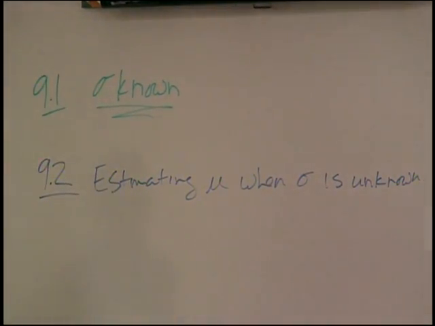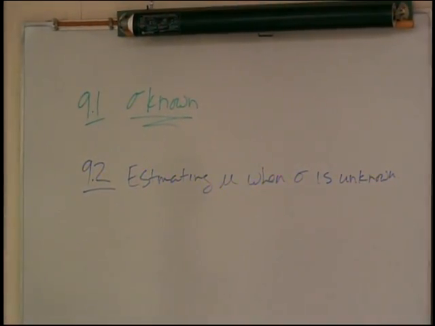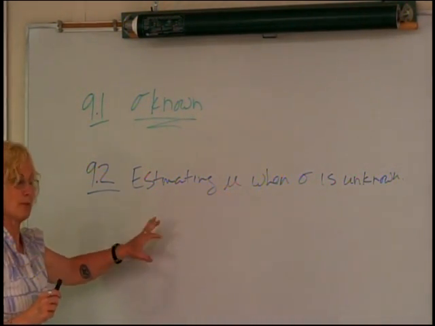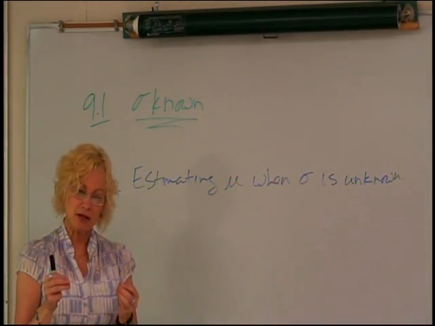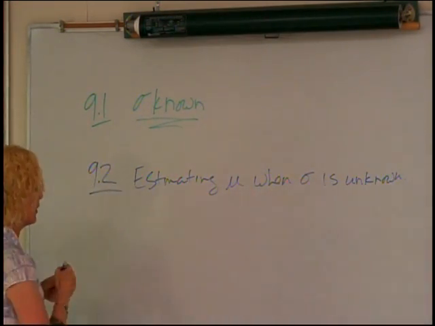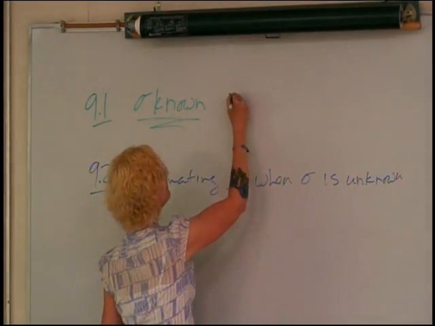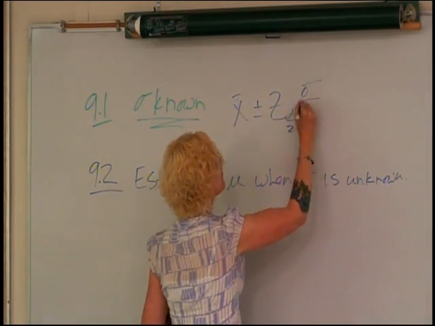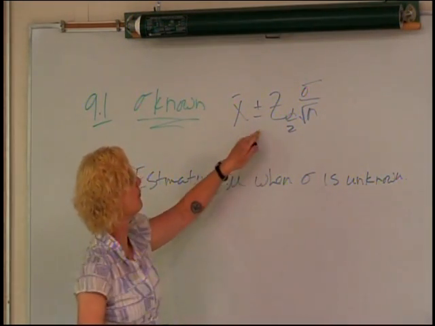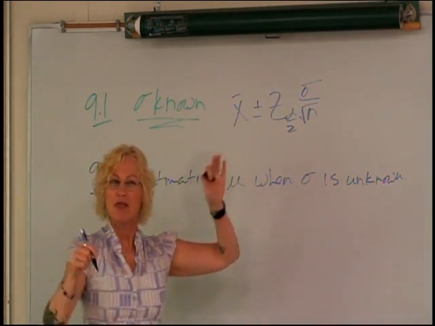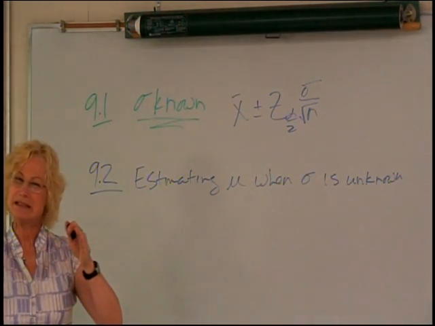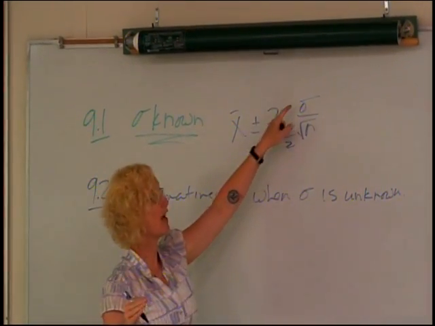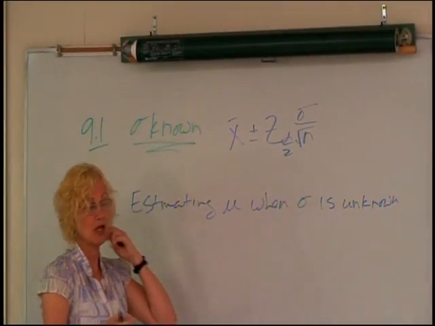Now to do this, it's a little tricky, because if you're estimating using another estimate with the formula from 9.1, so if you're making an estimate based on another estimate, the normal distribution kind of falls apart. It can't handle the extra error involved when you have an estimate in that formula.